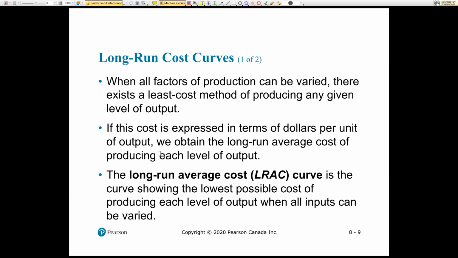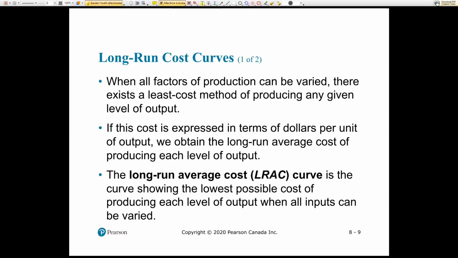All right, so now we can see long-run cost curves. So we are just describing what it is, but we're going to show it a few slides later. So when all factors of production can vary, then there's a least-cost method of producing any given level of output using any combination of inputs. So what you can say is, okay, I'm planning my 10-year plan ahead for my firm. I'm going to produce 1,000 hamburgers per day.